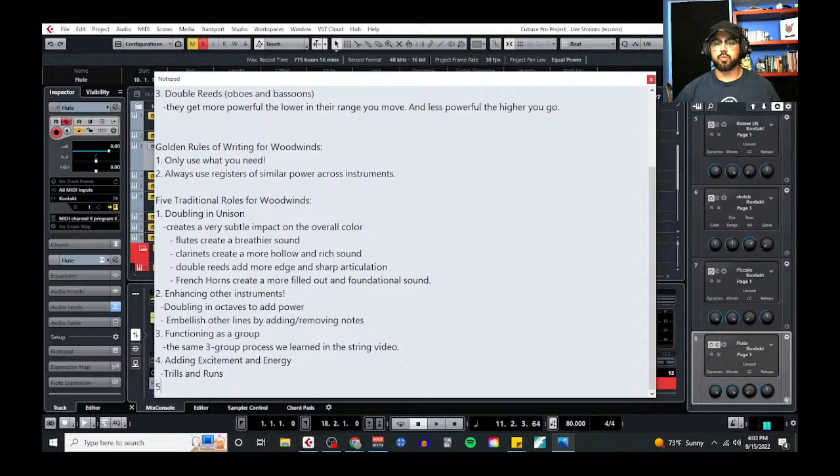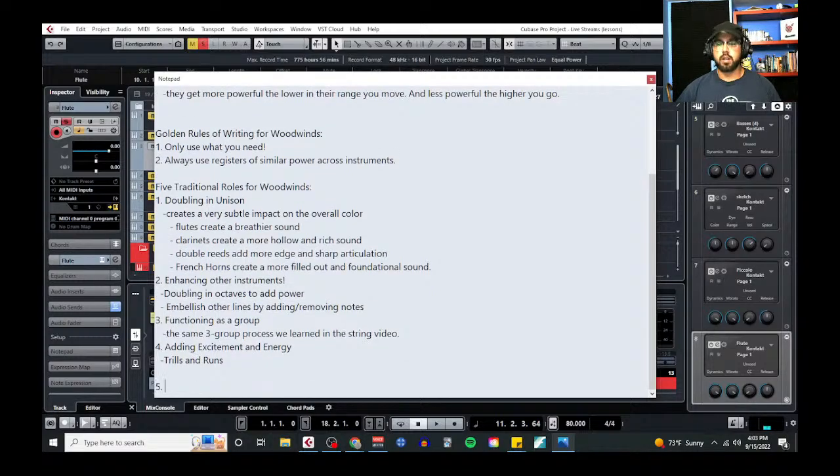Now, the last role is creating background textures. This is very closely related, very similar to the fourth role. The main difference here is adding ostinati and arpeggios as extra layers.